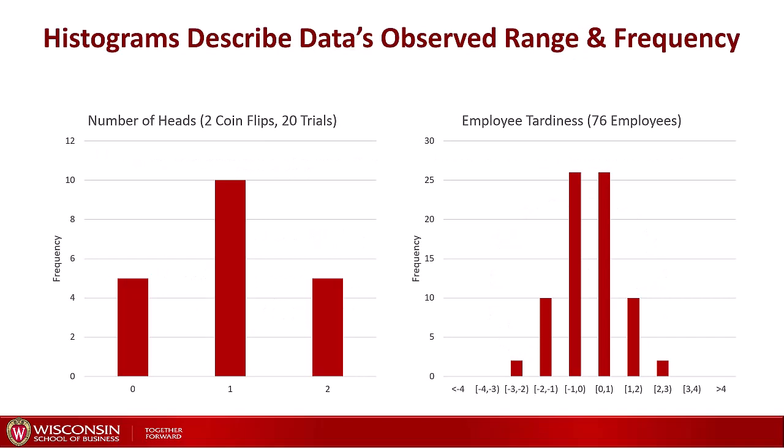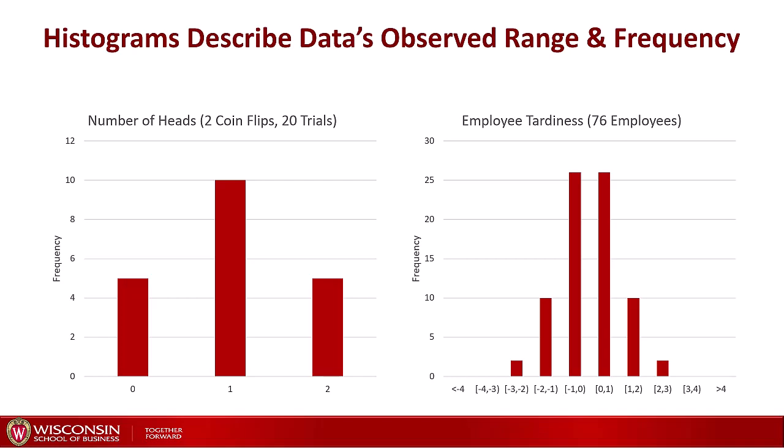Let's revisit histograms that you've seen in the histogram video that you watched earlier. On the left, we have plotted a histogram of the outcomes for 20 trials, where in each trial we flipped a coin twice. The possible outcomes for each trial are that you either get no heads, 0, one head, represented by 1, or two heads, represented by 2.